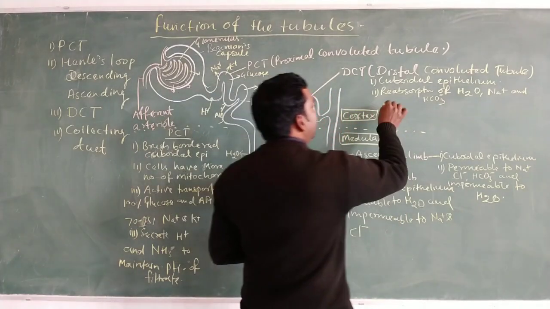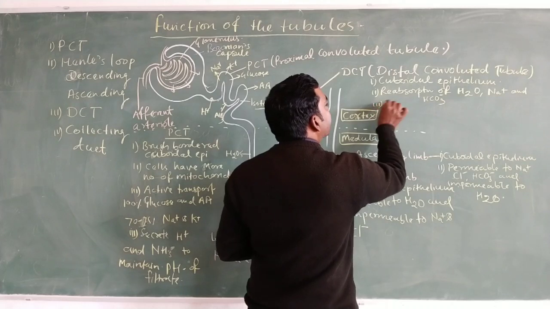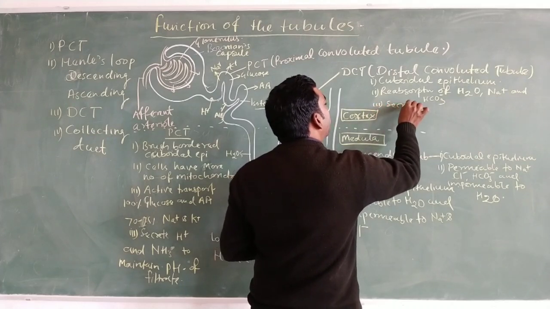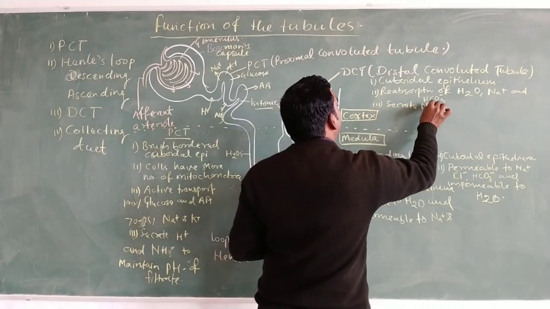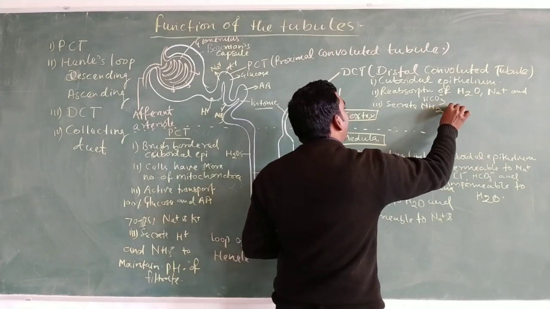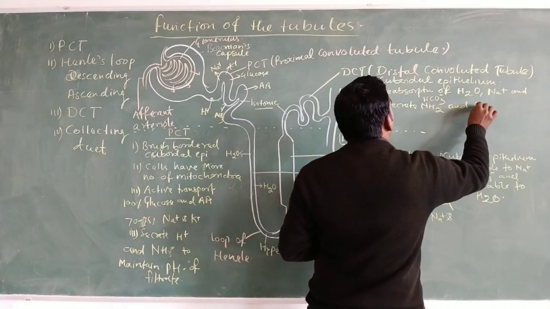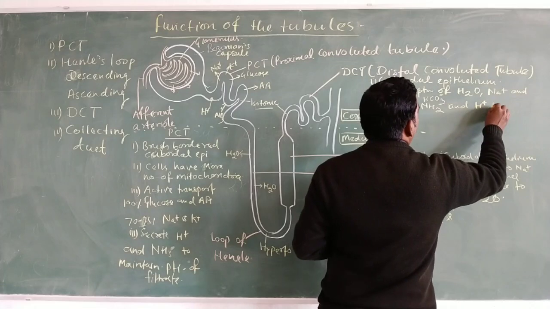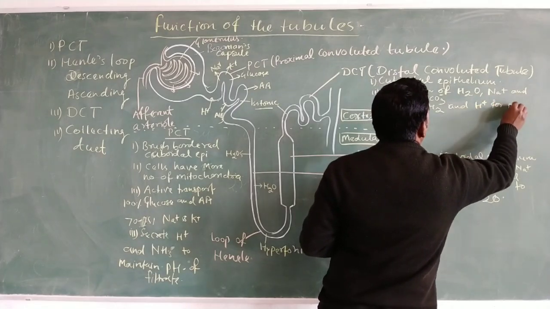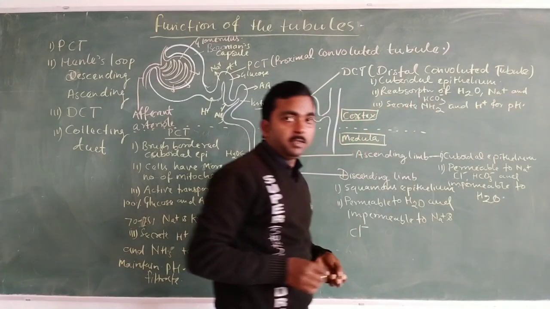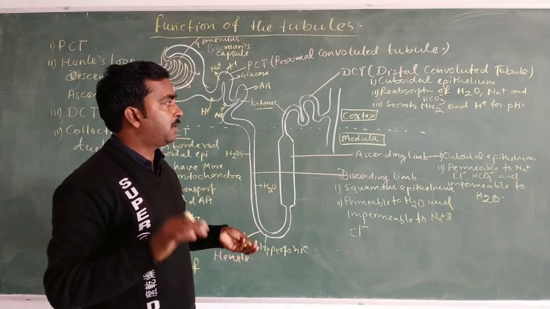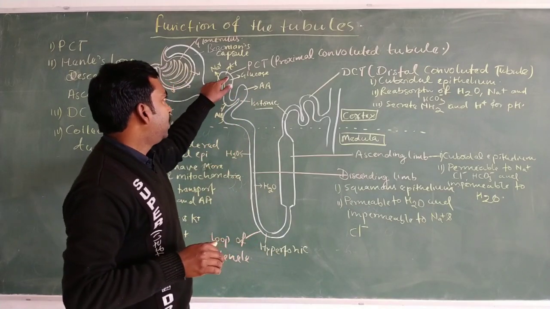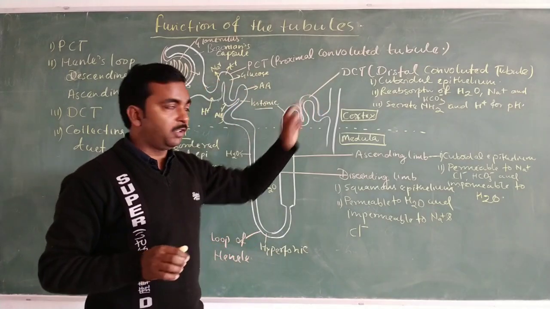and it also secretes ammonia and hydrogen ion for pH maintenance. So pH maintenance takes place by both PCT as well as DCT.